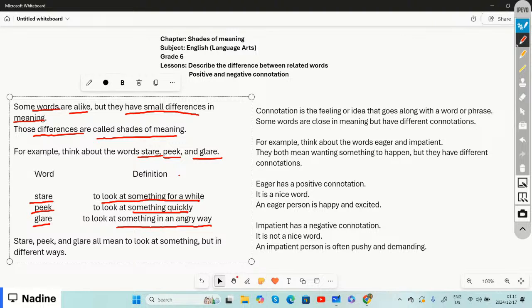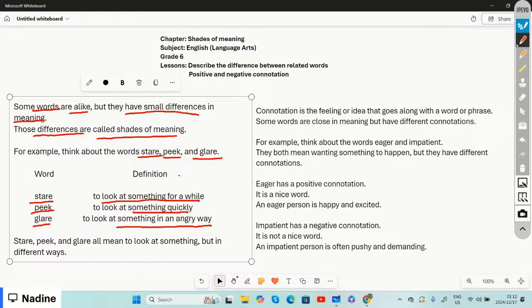And if you look at all three of these words, which is stare, to look at something for a while, peek, to look at something quickly, or glare, to look at something in an angry way, then all three of these words are alike.